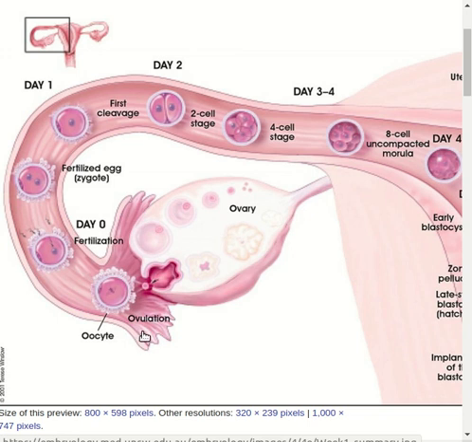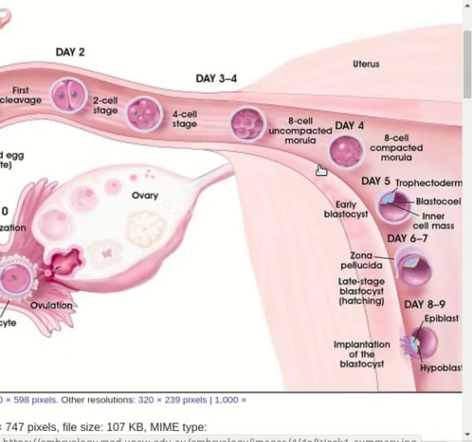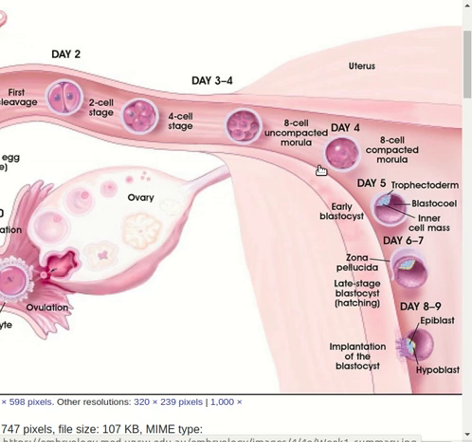This progresses then to fertilization, the zygote creation, the first cleavage, that's the cell division into a 2-cell stage, a 4-cell stage, an 8-cell uncompacted morula, an 8-cell compacted morula, an early blastocyst, and a late blastocyst, and finally implantation of the blastocyst.